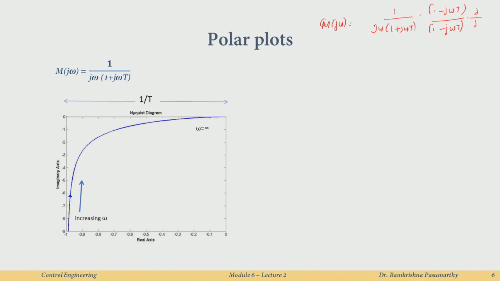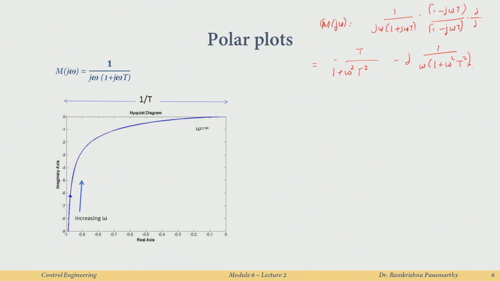Okay, so while doing this, I just get this one, right. If I split up the real and the imaginary parts, I have minus t over 1 plus omega square t square as my real part, and the imaginary part is j times 1 over omega times 1 plus omega square t square. Okay.